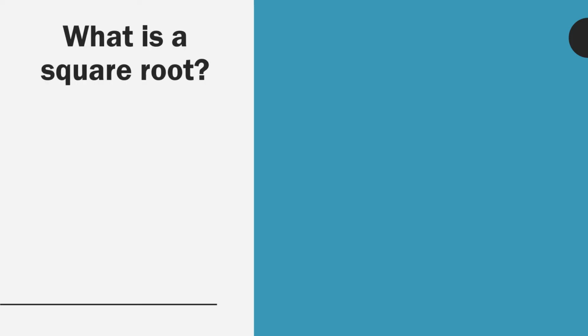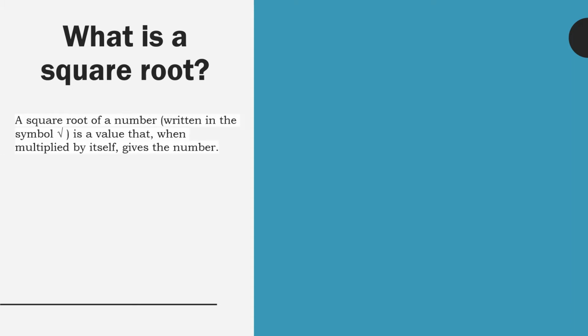So, before we can actually answer quadratic equation by extracting its square root, first, we have to define what is a square root. A square root of a number written in the symbol, okay, maybe some of you familiar with this, ang uban karon lang, that symbol is a value that when multiplied by itself gives the number.